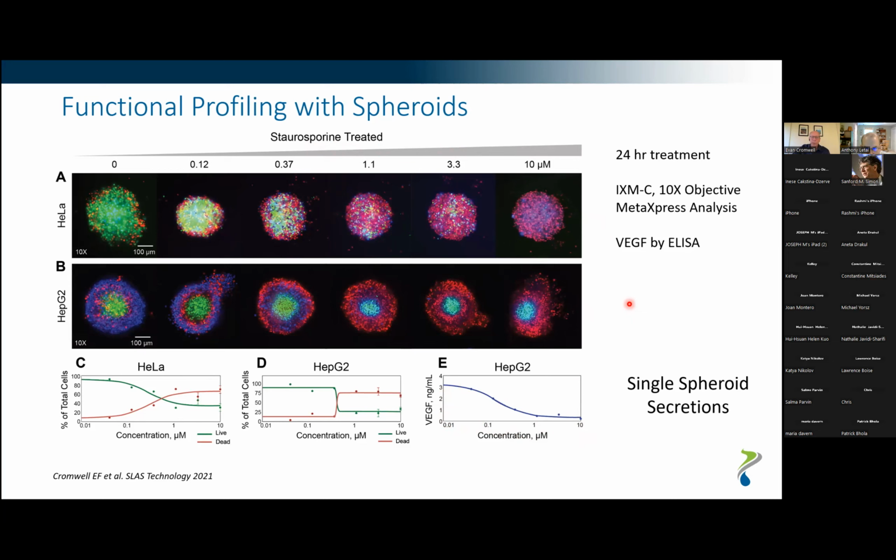This is just a simple example, but you can look for secretions of different cytokines, chemokines, growth factors, as well as metabolites. So there's a wide range of information you can get to do characterization of how these patient-derived models respond to different treatments.